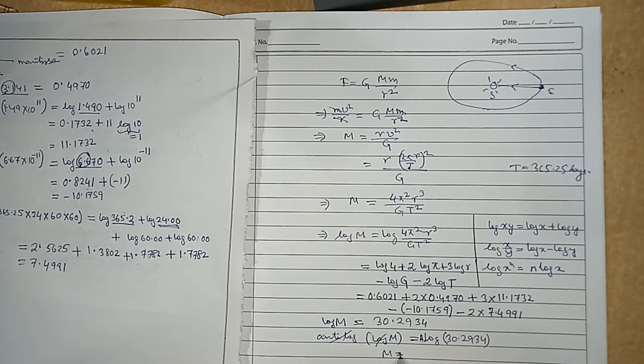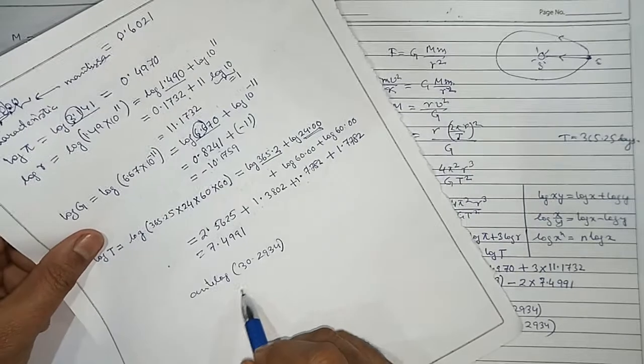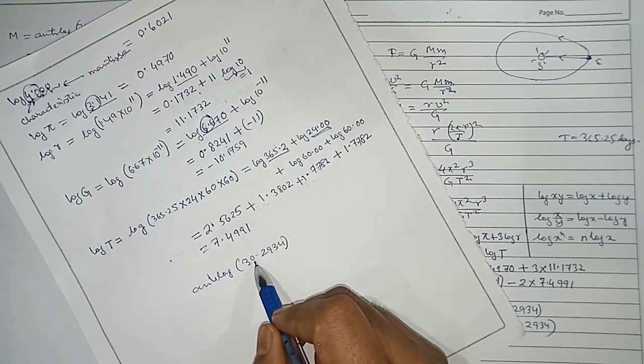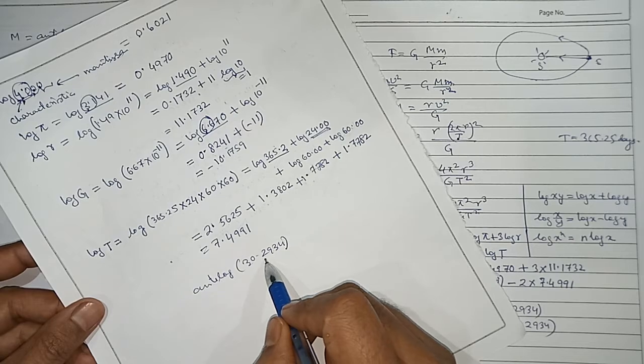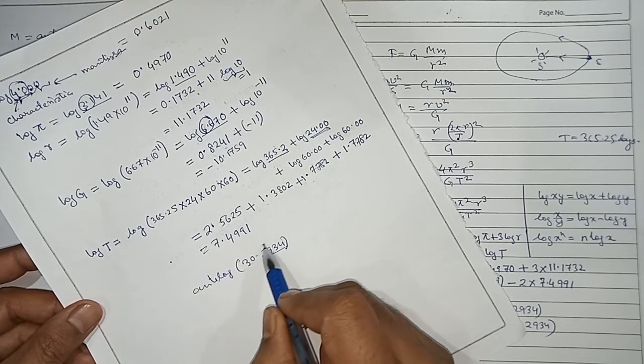M is anti-log 30.2934. Now we need to calculate this. Now let us find the anti-log of this number. Anti-log of 29.34. This is the characteristic and this part is the mantissa. For this part we have to see the anti-log table.